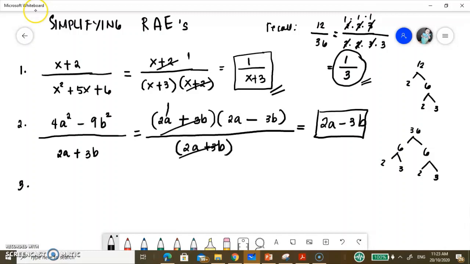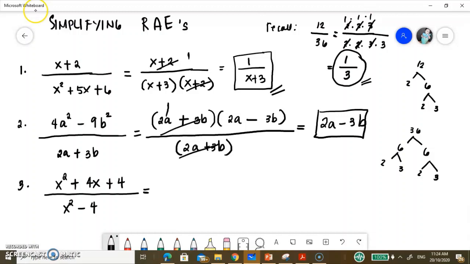Example, if you have, say, x squared plus 4x plus 4 over, let's have x squared minus 4.